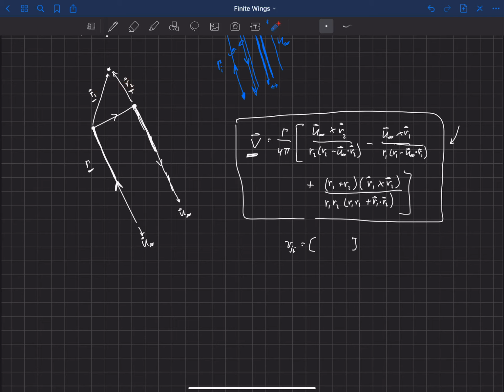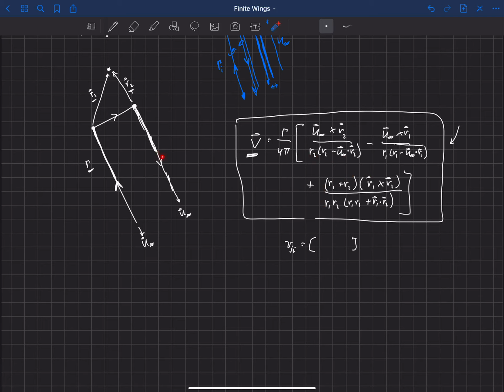Now there's one caveat here, and that is that when j equals I, we're looking at the influence of a horseshoe vortex on its own control point. In that case, we actually want to neglect the bound portion, and that's this portion right here of this equation. These other two are the two trailing vortices, right?